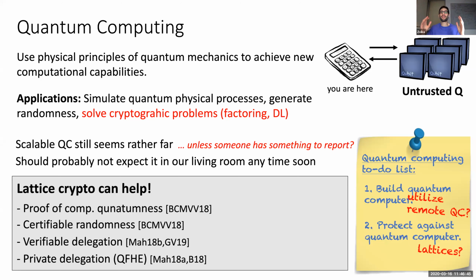And once everything is solved and we know that this quantum device actually does what we want it to do, well, we can also try to think about privacy. When we send information to this quantum server to compute on, maybe we want to maintain the privacy of our input. And this leads to this notion of private delegation or quantum fully homomorphic encryption, which is somewhat related, but also quite different from this notion of blind quantum computing, for those of you who know what that is.